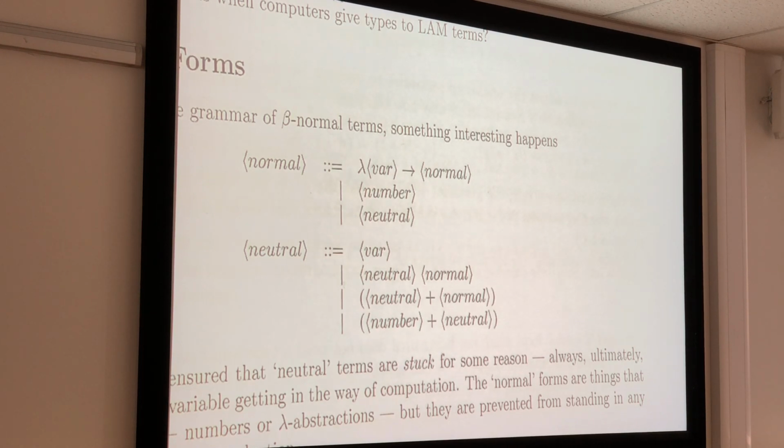So you know that when you beta reduce a lambda term until you can't beta reduce it anymore, or you do small step reduction till you can't do it anymore, you're going to end up satisfying this grammar.